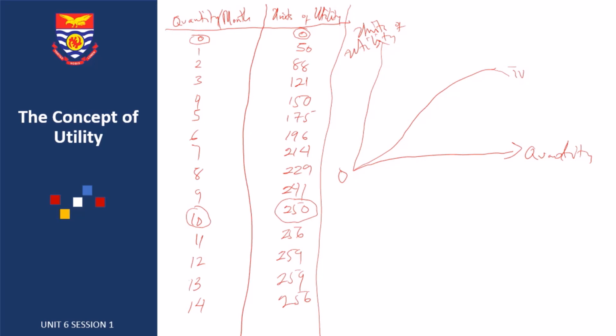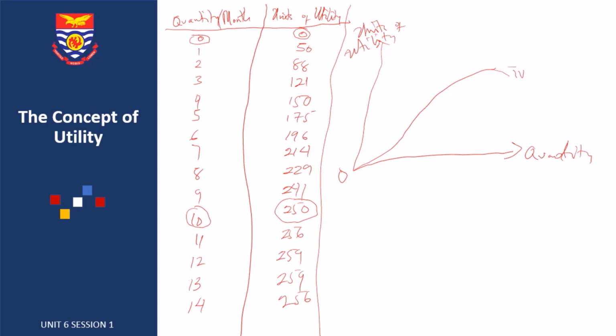So let's talk about marginal utility. Marginal utility is the additional utility derived from the last unit of a good consumed. You have to put that in mind. We can calculate marginal utility as the change in utility that occurs when one more unit of a good is consumed.